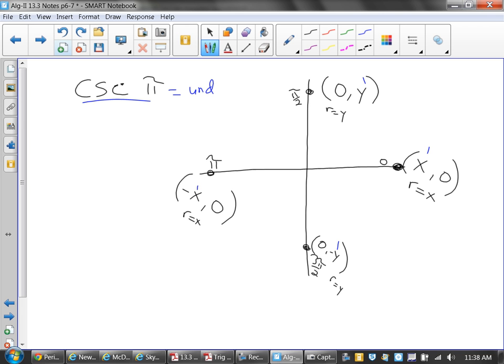Again, cosecant is the inverse of sine. The sine of pi is 0 over x, which is 0. The cosecant of pi is the inverse of that, x divided by 0, which is undefined.